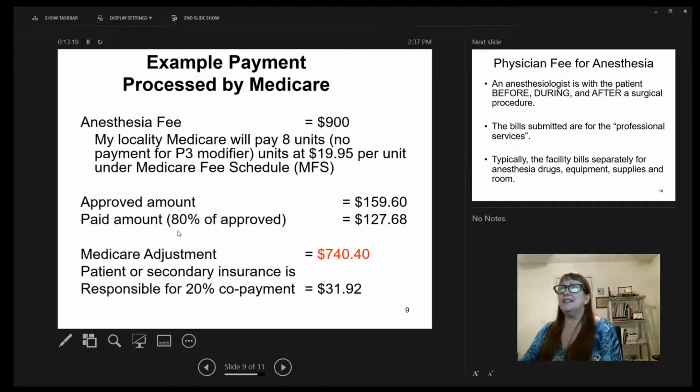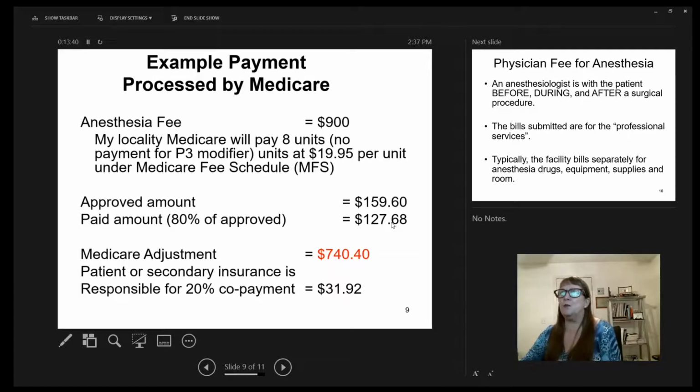So in this instance, Medicare, this is in any state, doesn't matter which one you're in, they're only going to pay 80% of their approved amount. Of course, when things get back to normal, there will be that sequestration on there. You may have an upward or a downward adjustment based on your MIPS adjustments for your incentive programs.